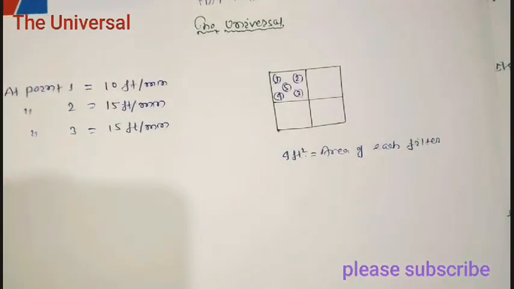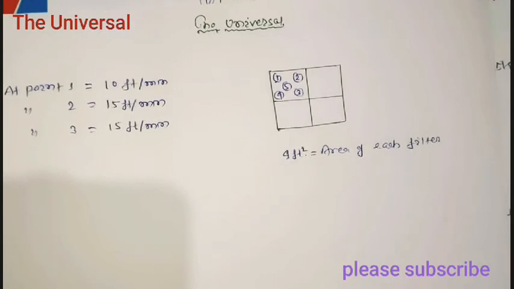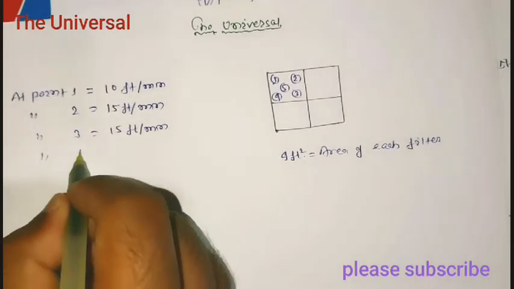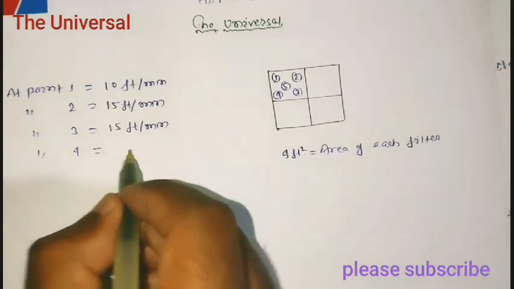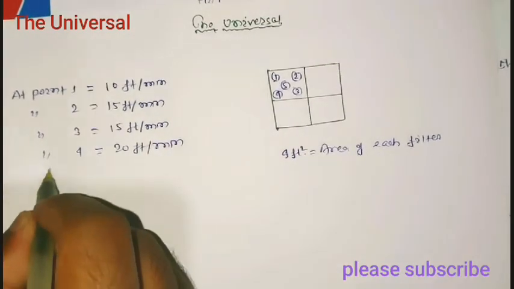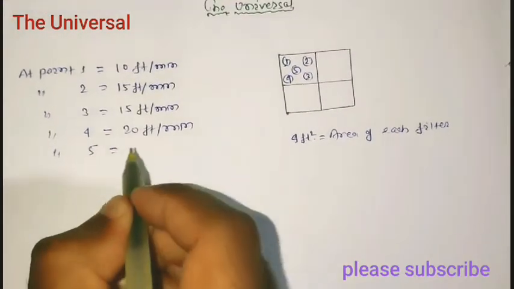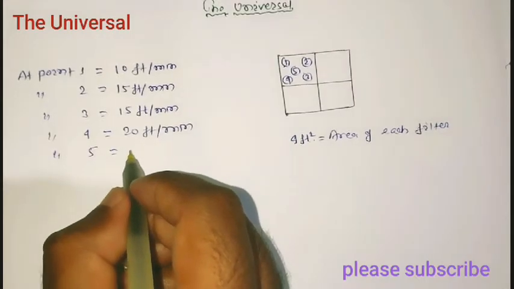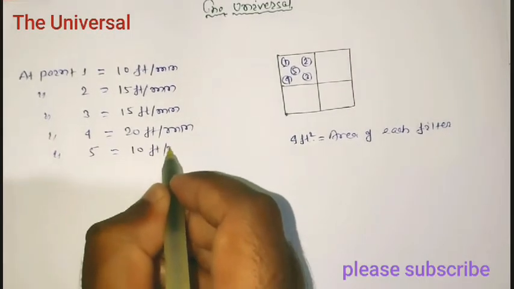It will change according to the place and the time, but I am supposing these values. So you have to see how the calculation is going on. Here 20 feet per minute, and at the fifth point it is 10 suppose feet per minute.